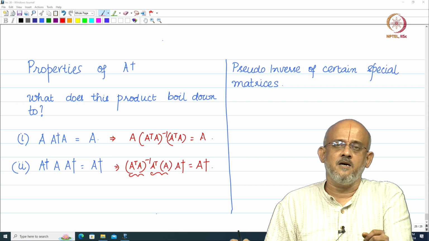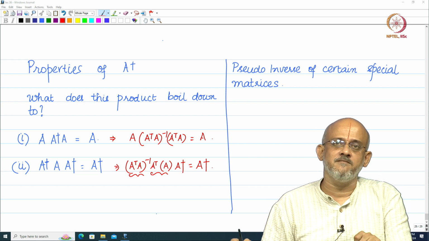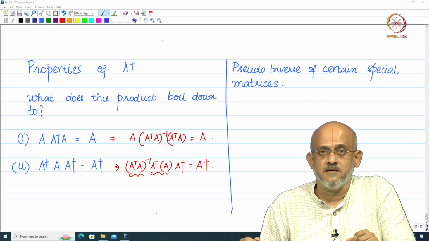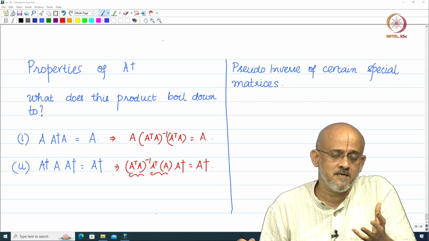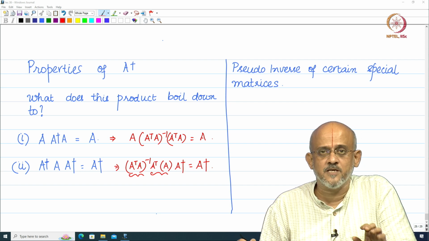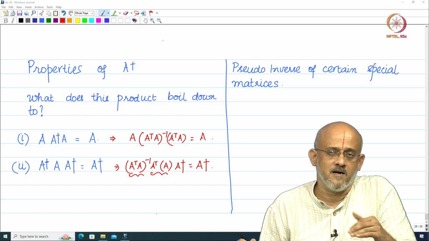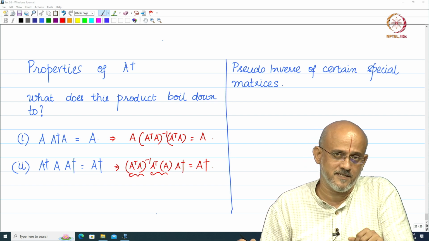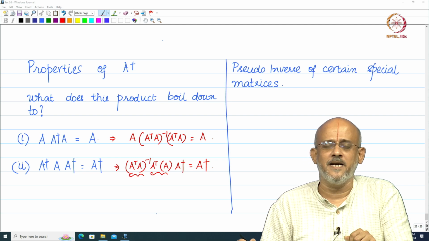Suppose assume that the matrix A that we are looking at is invertible. In that case, what happens? That means your A is going to be a square matrix, and assume that the matrix is full rank, that is why you say it is an invertible matrix.